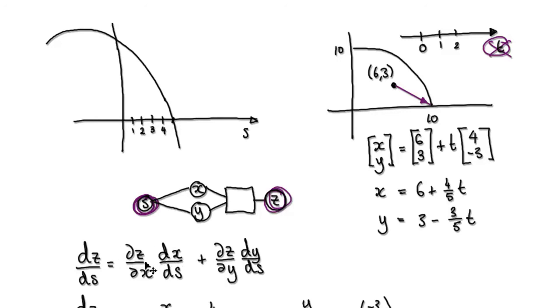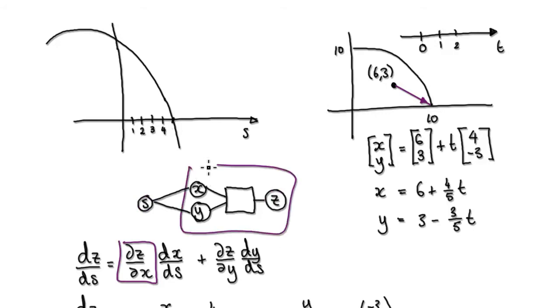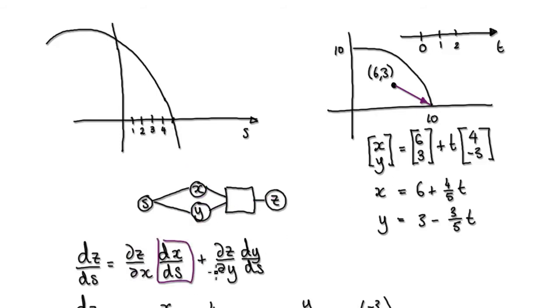So remember, this is a chain rule. If you look at this, two functions coming in, two variables coming in and one going out, so that means it's got to be partial with respect to x. And then if you look at this bit here, that's us moving to here. Remember, we abandoned t and used s.